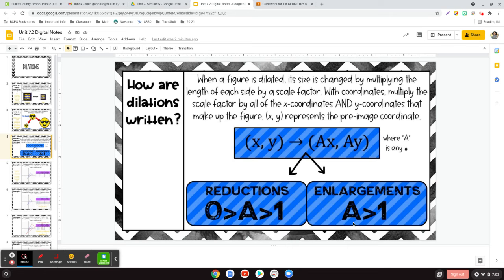If we're going to make it larger, we multiply our coordinate by any number greater than 1. So if we have a figure and we're going to dilate it by a scale factor of 1, well, 1 times anything is just itself. So our image would be the same size as our pre-image.